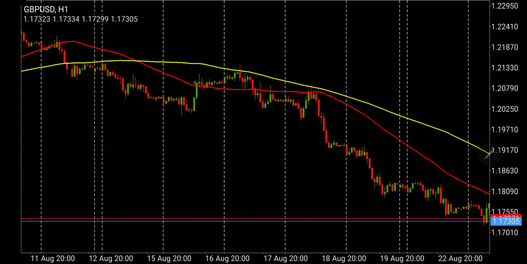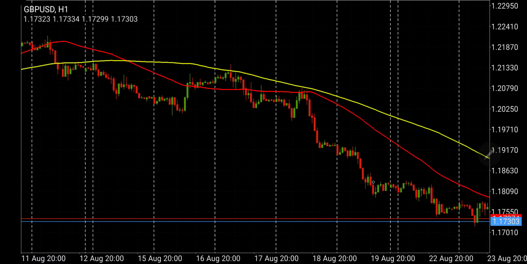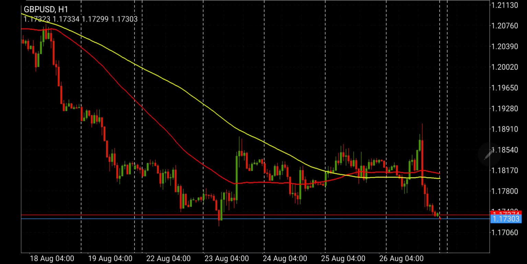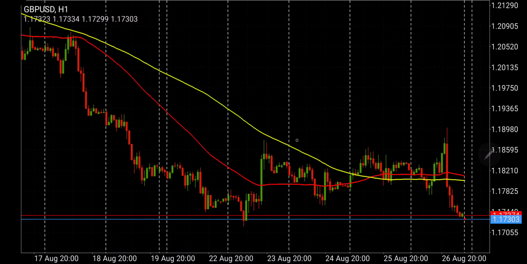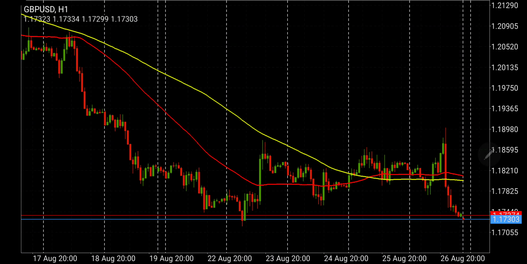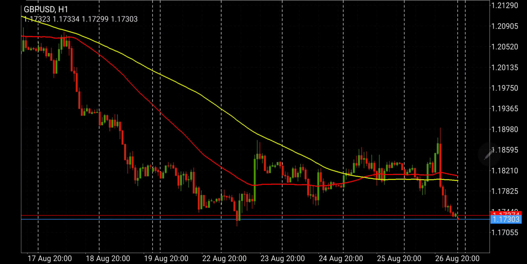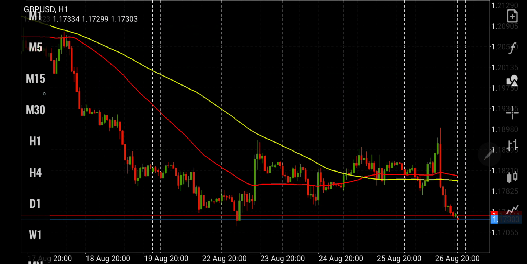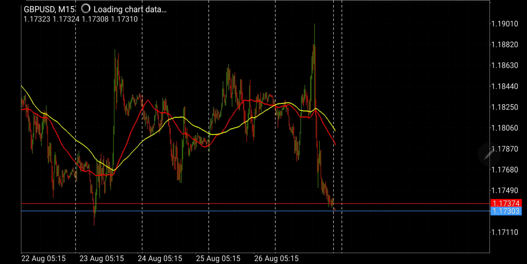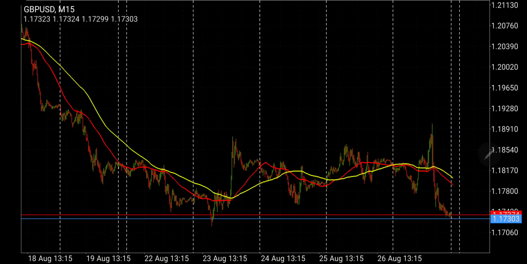This was the previous week where the market had been heading down, and I knew we would go into a range, and in that range I would be buying and selling at the top. So let's jump to the M15 where I took my trades. This would have been that week.